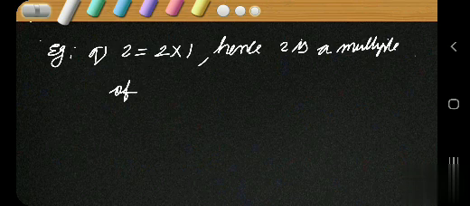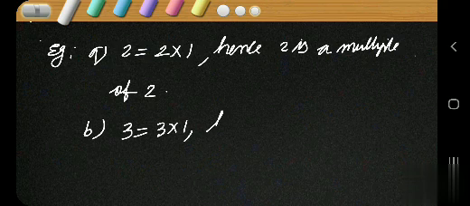Example B. 3 is equal to 3 into 1. So what can we conclude from this? Yes, hence 3 is a multiple of 3, isn't it?